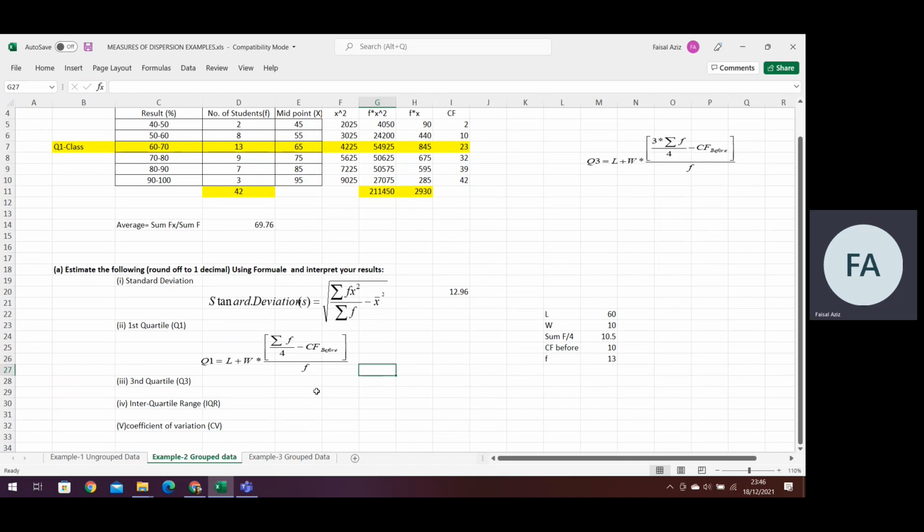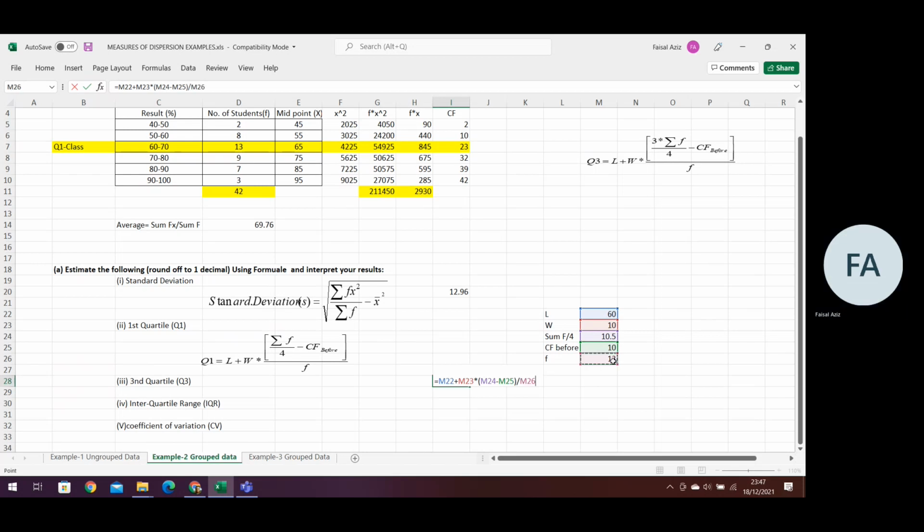Here I'm just going to press the equal sign, L plus W. So this is L, lower limit, plus W, which is 10, multiplied by bracket open, summation F by 4, we are already having, it is 10.5, minus cumulative frequency before, which is 10, close the bracket, and the whole divided by frequency, 13, and you click enter. So this will be our first quartile.